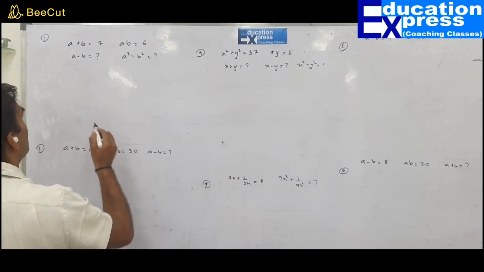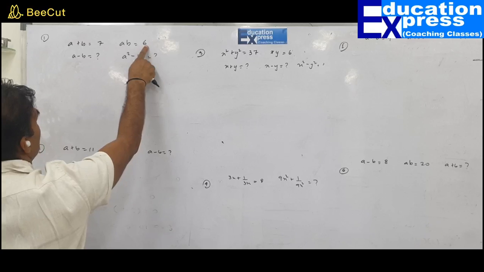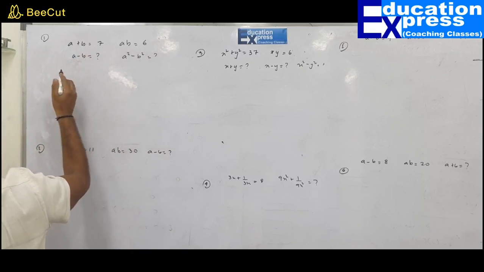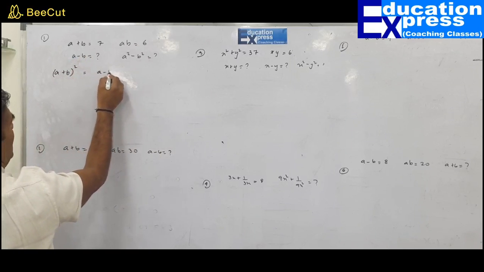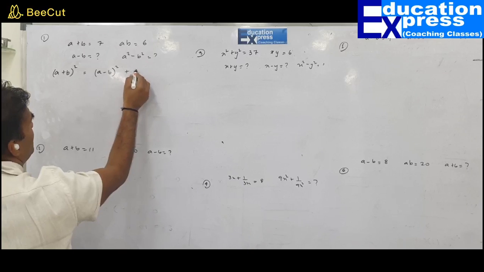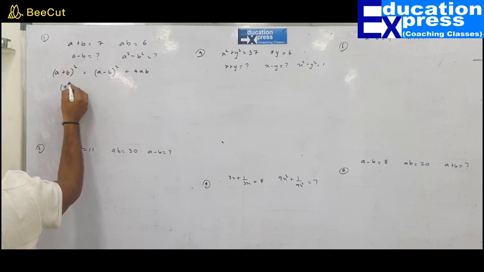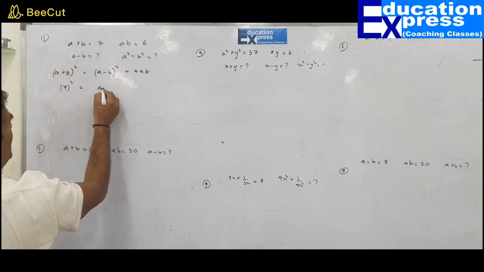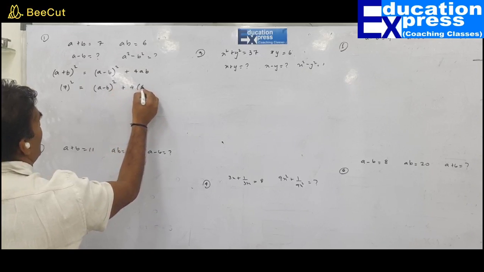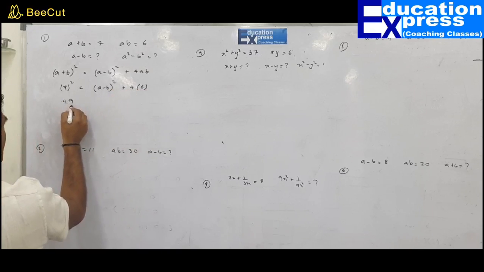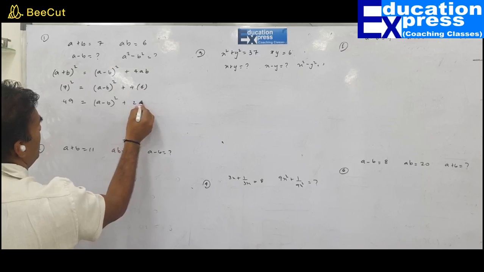Please may I have your attention. a + b = 7, ab = 6. You have to find the value of a − b. So we use (a + b)² = (a − b)² + 4ab. Substitute the values: 7² = (a − b)² + 4 × 6. 49 = (a − b)² + 24.